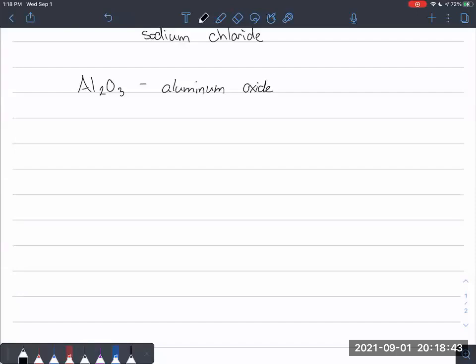The reason we don't have to specify this is based on the fact that elements tend to form certain charges.